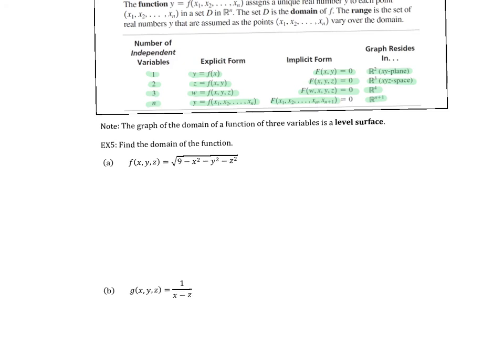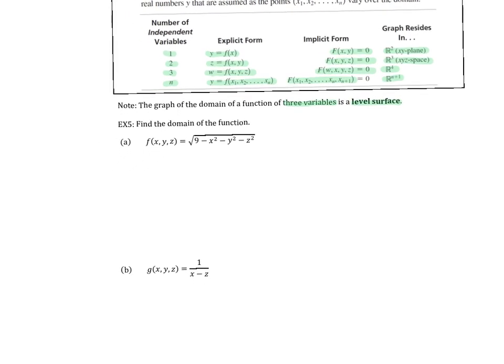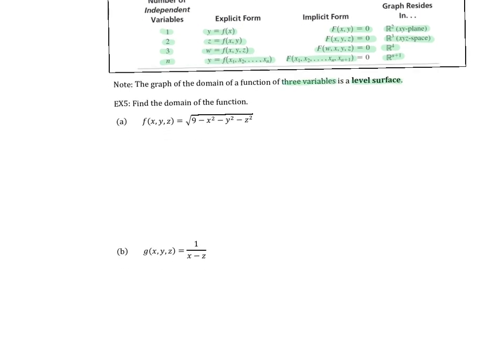So if you have a function of 3 variables, then instead of a level curve, you're going to have a level surface. Again, kind of hard to wrap your mind around that, since we're dealing in dimensions that we're not very familiar with. But let's go ahead and see if we can find the domain of a function with 3 independent variables.